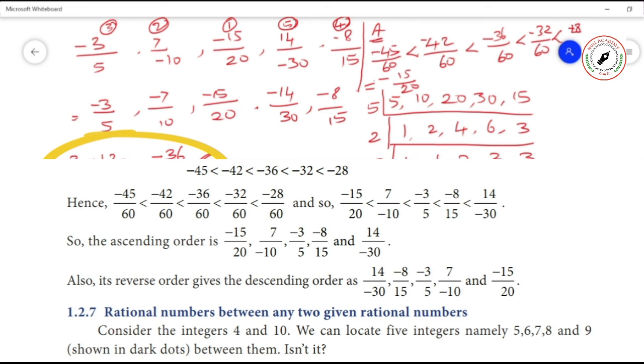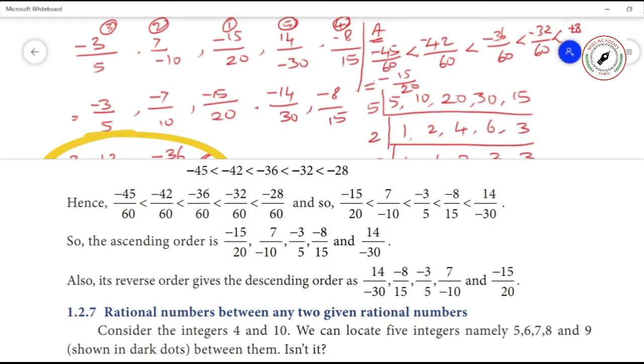Minus 7 divided by 10. Correct. What is the third one? Minus 3 divided by 5. Correct. What is the fourth one? Minus 8 divided by 15. Correct. Fifth one? Minus 14 divided by 30. Correct. This is what we have written.